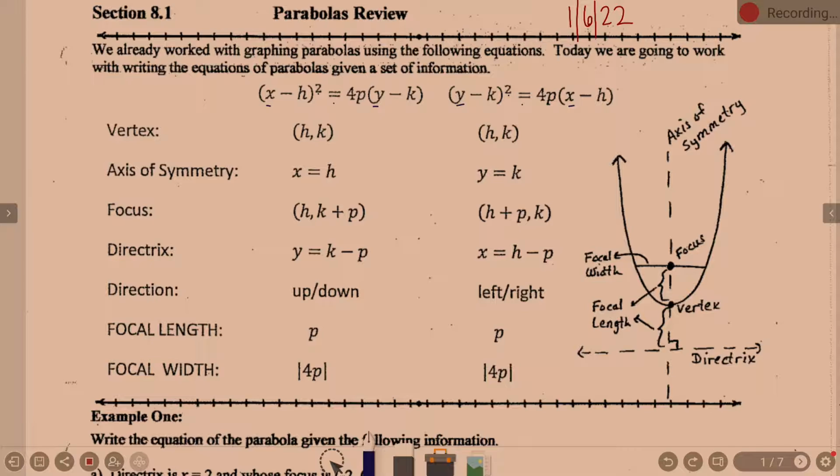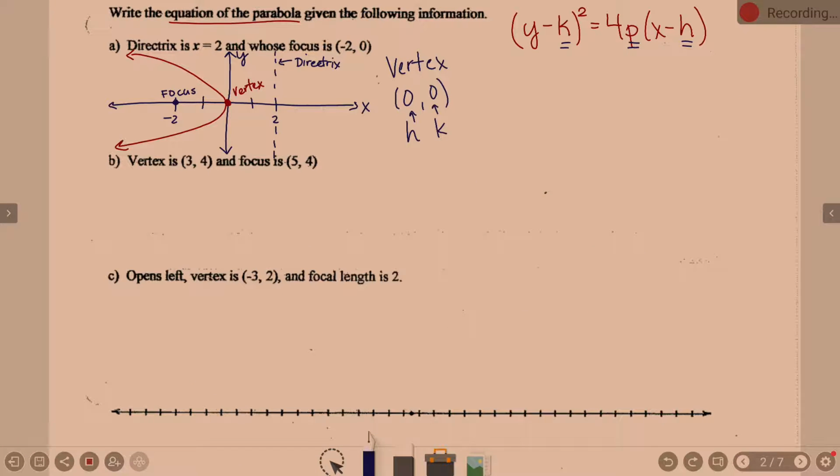So if we go back to our problem here, can you tell the P just by looking at the picture? You can, because right here, the vertex to the focus is 2, and the vertex to the directrix is 2.